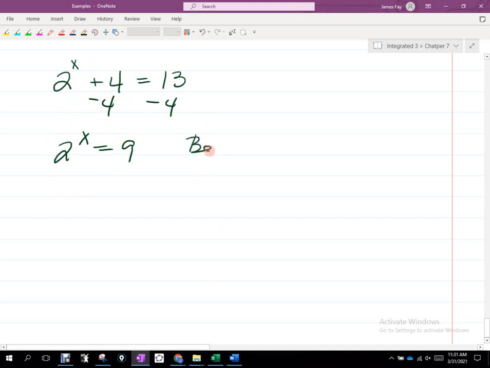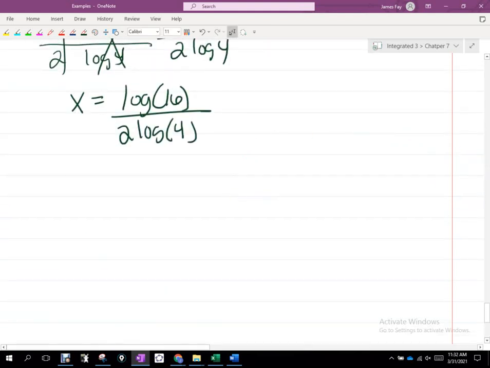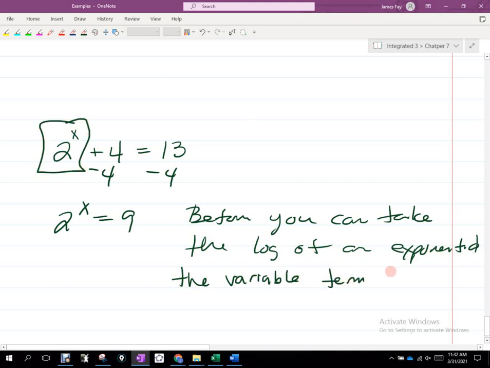So before you can take the log of an exponential, the variable term, which is this right here, has to be isolated.